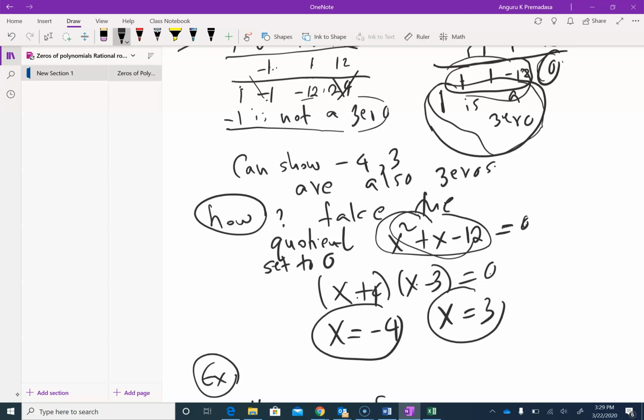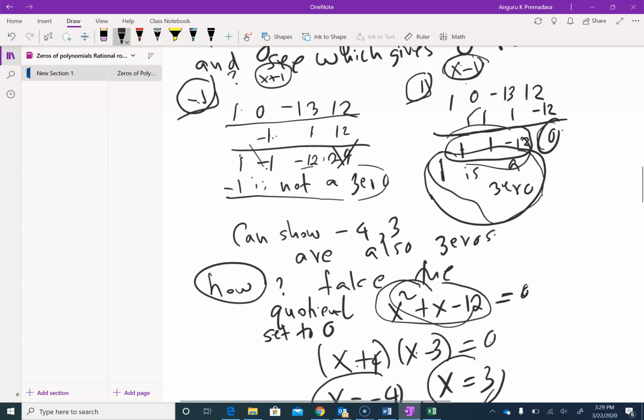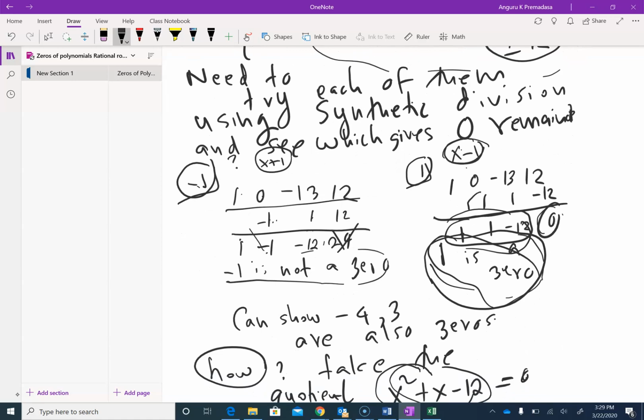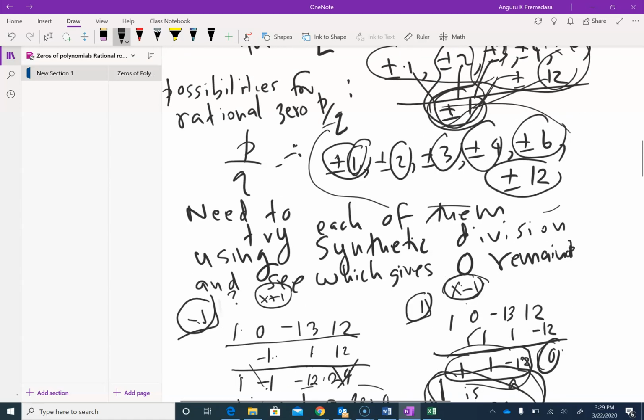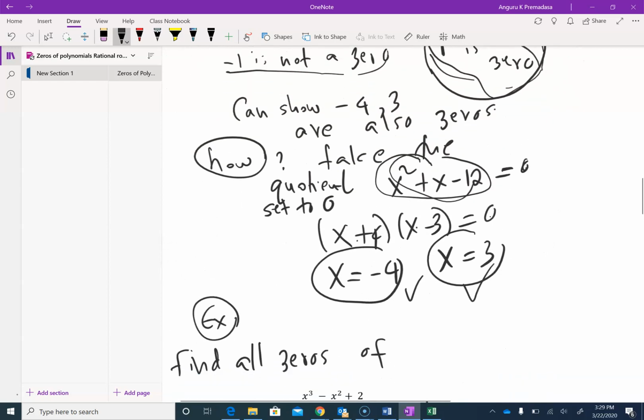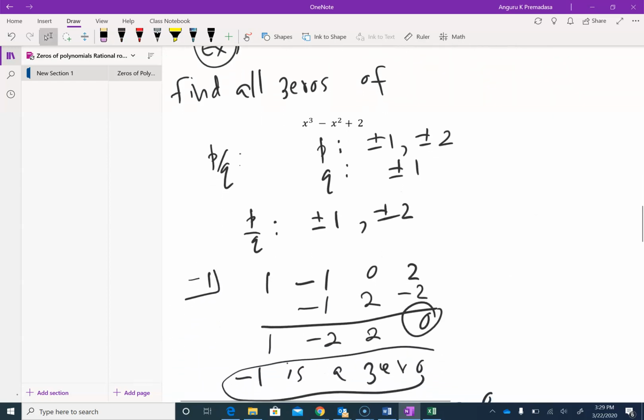So really we get all 3 zeros now: negative 4, 3, and 1. We were able to solve our first cubic equation. Okay, so now let's do another problem. In this problem we want to solve x cubed minus x squared plus 2 and find its zeros.